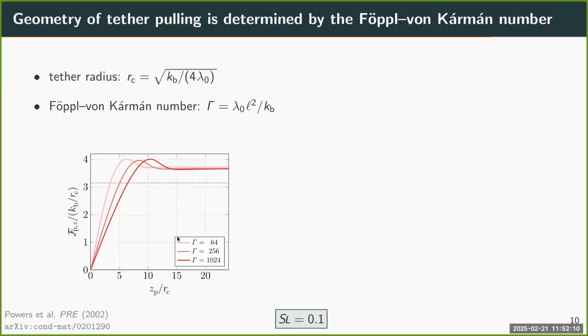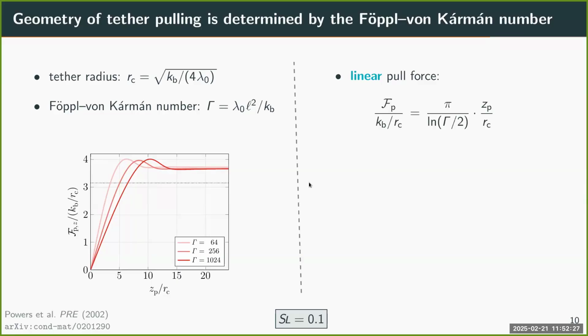It turns out that these kinds of observations were actually seen previously, more than 20 years ago. And one thing that we can do is remember that the linear theory does a good job of predicting this initial slope. So we can actually return and calculate what the pull force is if we were to simply use just the linear approximation.